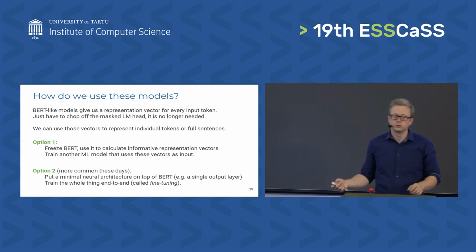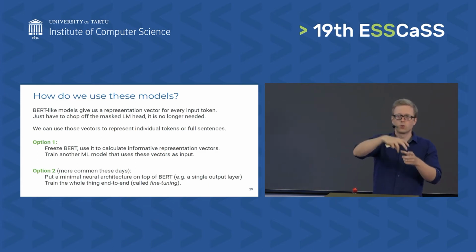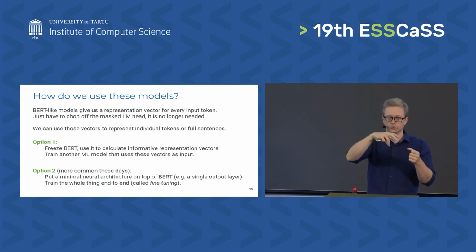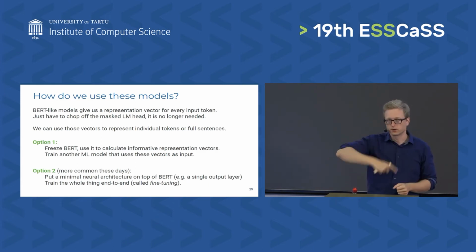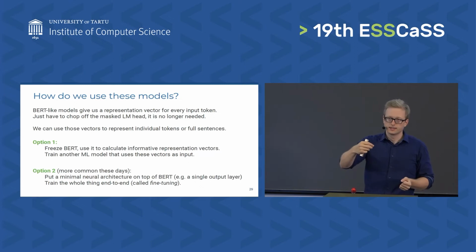Or option two, which is more common these days, is to just put a small neural network on top of BERT and train the whole thing end to end. This is called fine tuning. Now we're optimizing both the task-specific component and the full BERT model itself for one particular task.